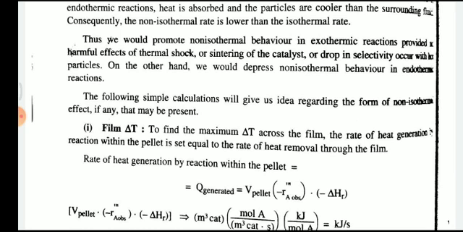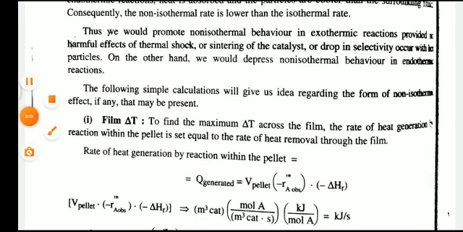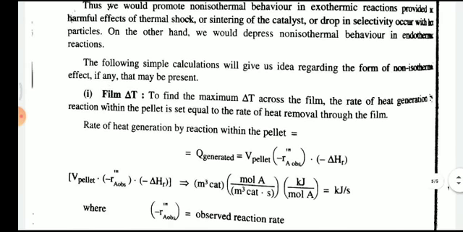So the rate of heat generation by the reaction within the pellet is given by Q generated, equal to V pellet into R observed into minus delta HR.